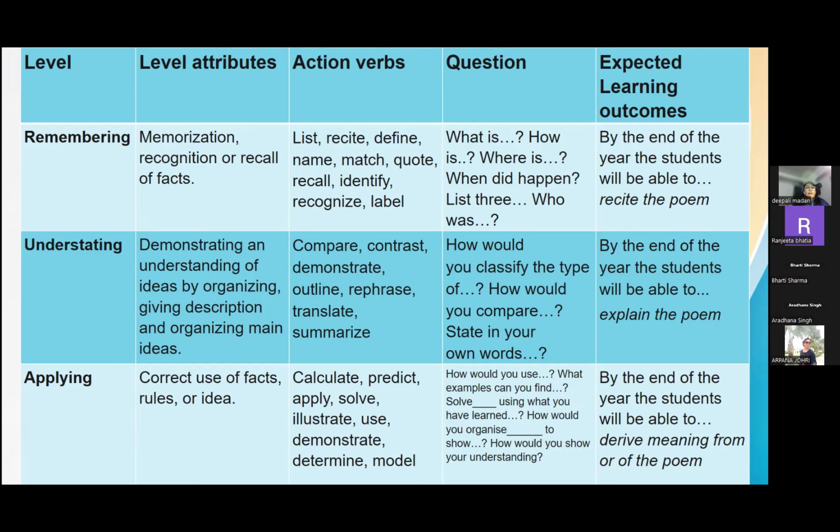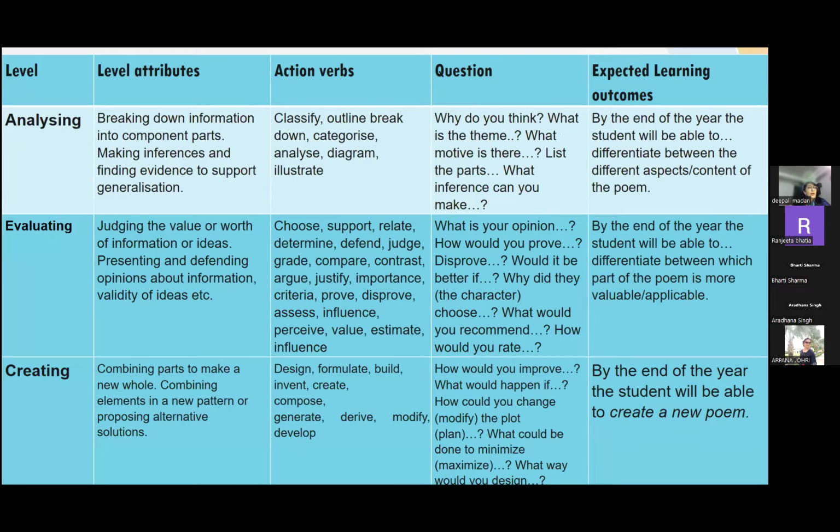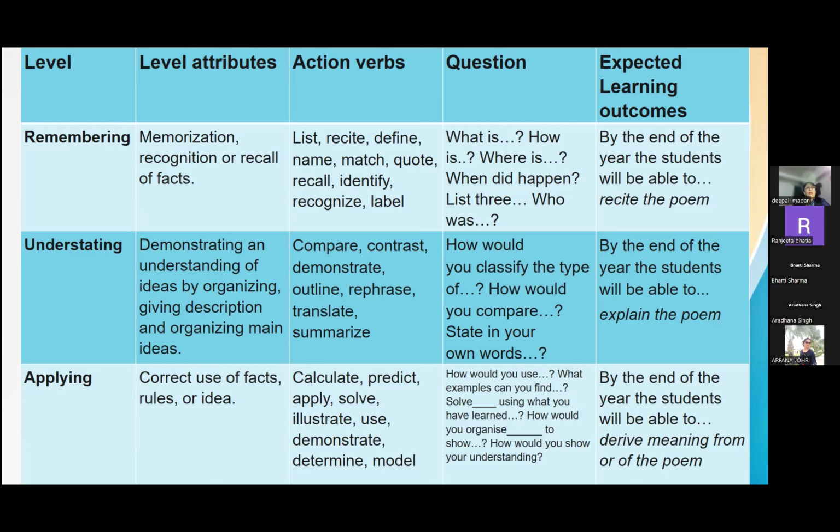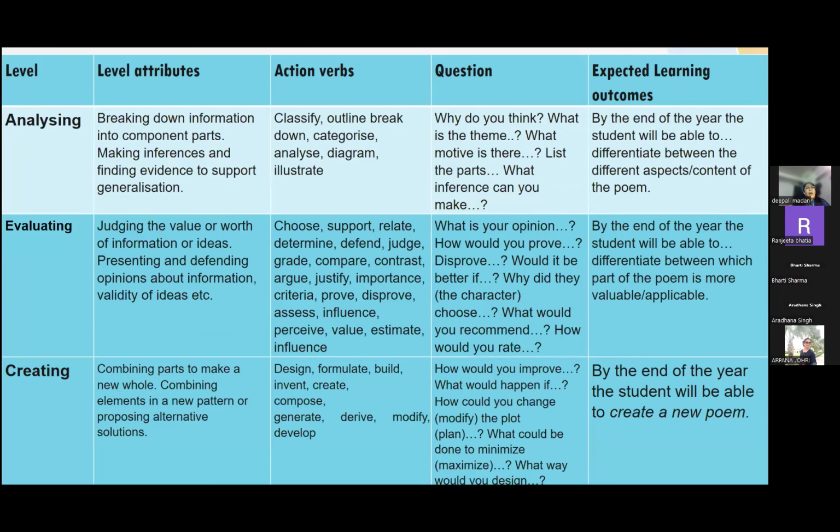Applying is how they are able to apply the knowledge they have gained into something concrete or constructive. They will be able to derive the meaning of the poem, explain it, write it, and express their own thoughts about it. Words like how would you explain this, what examples can you give, all fall under the category of applying. Then next we have analyzing.